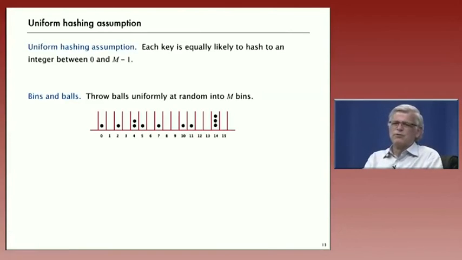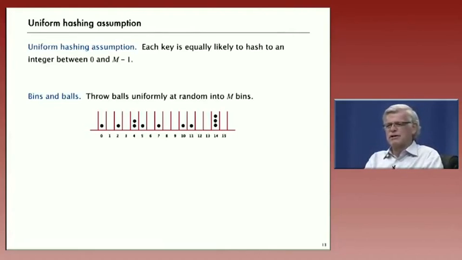And that allows us to model the situation with the so-called bins and balls model that directly relates the study of hash functions to classical probability theory. So we've got m bins, that corresponds to our hash table, and we have some number of balls, however many keys we have, and we throw them uniformly at random into m bins.